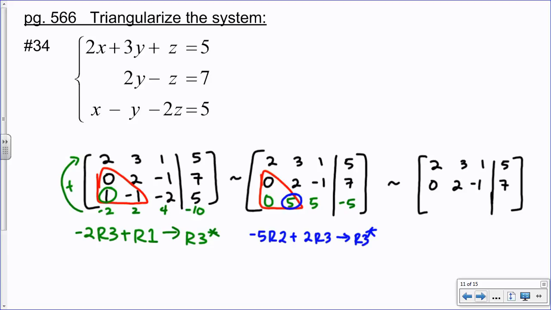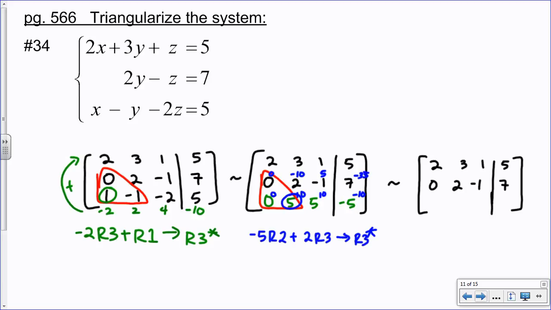Negative 5 times 0 is 0. Negative 5 times 2 is negative 10. Negative 5 times negative 1 is 5. Negative 5 times 7 is negative 35. 2 times 0 is 0. 2 times 5 is 10. 10, and then negative 10.